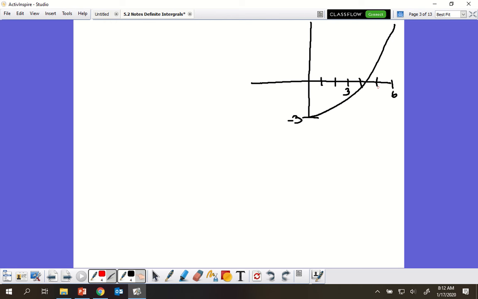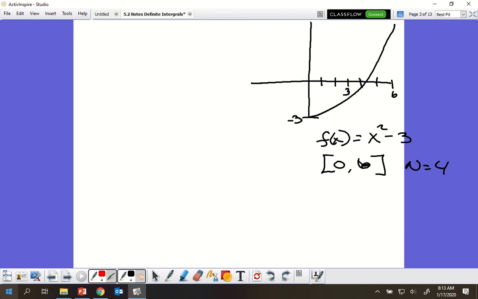Now, let's go back to my function, which we said was f of x equals x squared minus 3, and my interval is from 0 to 6. Oh, wow, that is a 6. And n equals 4. So I'm drawing this out to try and help myself later on.